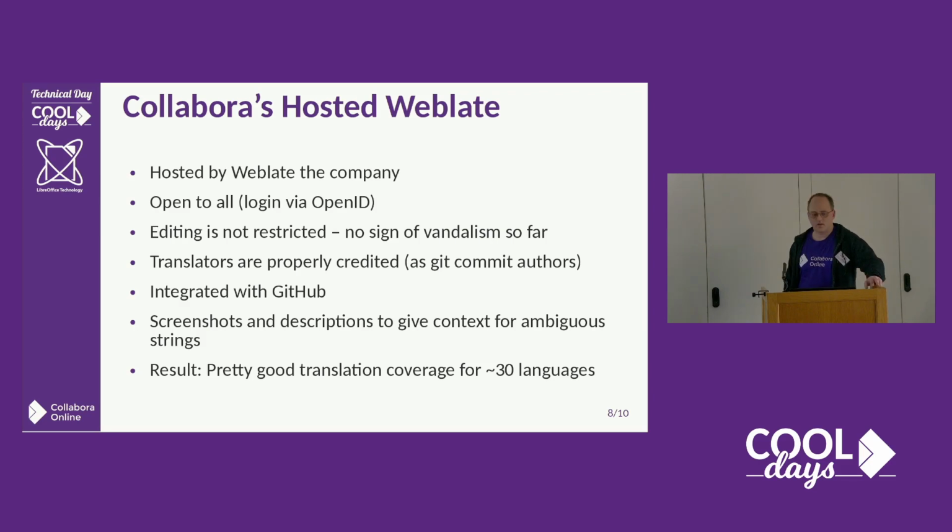They can log in with OpenID, and editing is not restricted, so we accept everything. So far it has worked well for us. We lowered the entry barrier, but we haven't got any sign of vandalism or hostile activity.